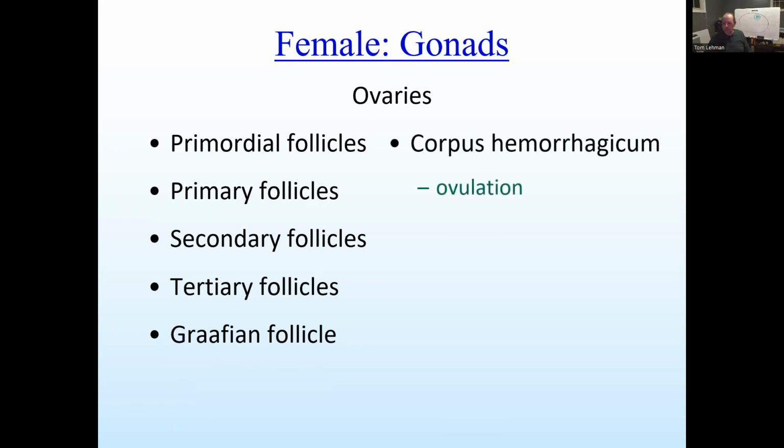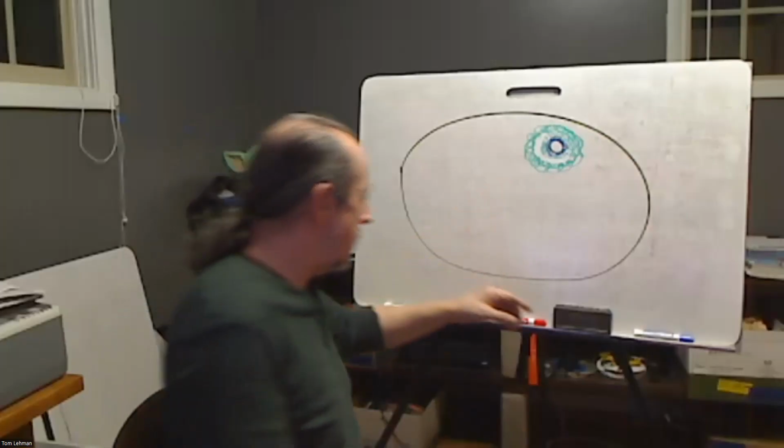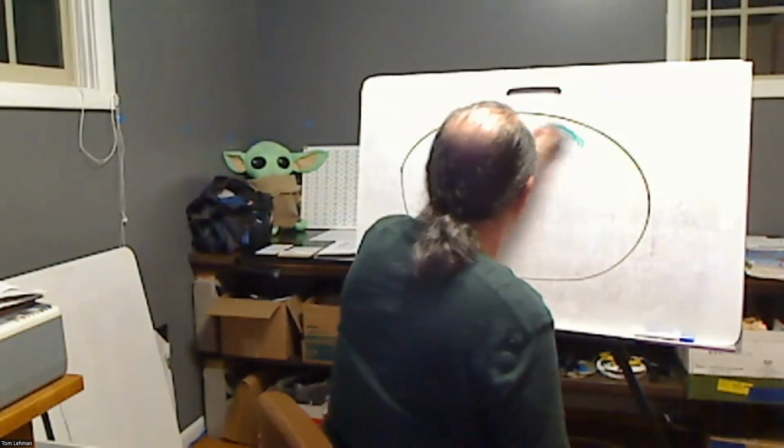All right. Now, we get to the point of ovulation. So now we got one big Graafian follicle. Let's make him bigger.